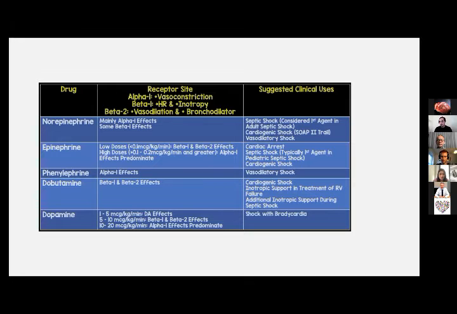Low dose, less than 0.1 works, has beta-1, beta-2 effects, and at higher doses, it affects the alpha-1 pathway. Dobutamine has both beta-1 and beta-2 effects, and eventually, if you are requiring inotropic support, if there is evidence of RV failure and such, then it is something that you can think of using.